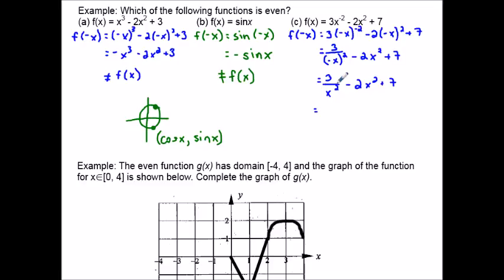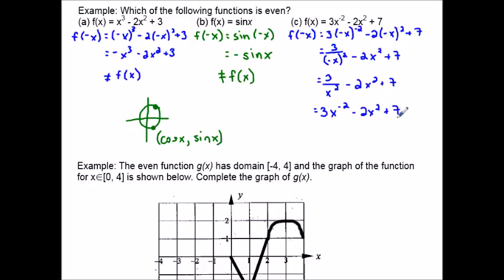And this is on the bottom. It's not helping me see if it looks exactly the same as this, so I'm going to use my knowledge again of those negative exponents to bring it back up to the top, or the numerator. So 3x to the negative 2 minus 2x squared plus 7.